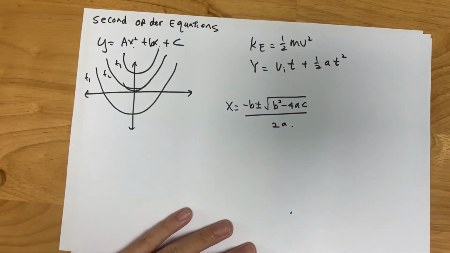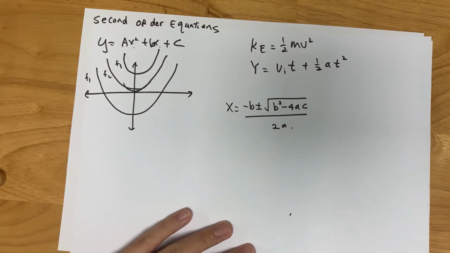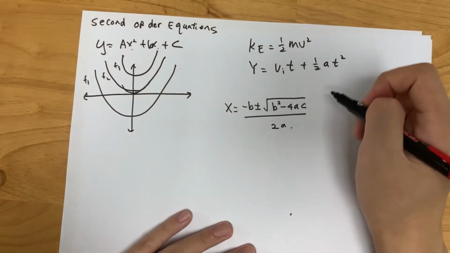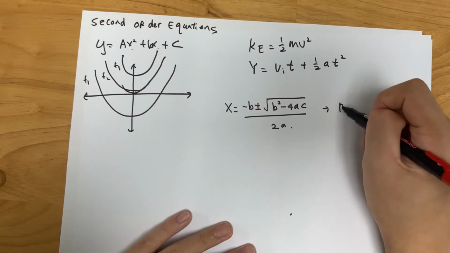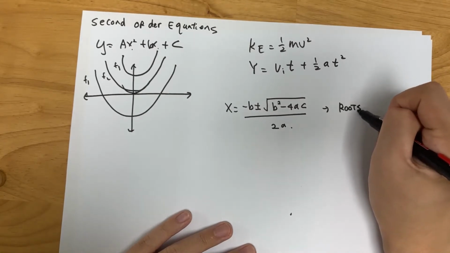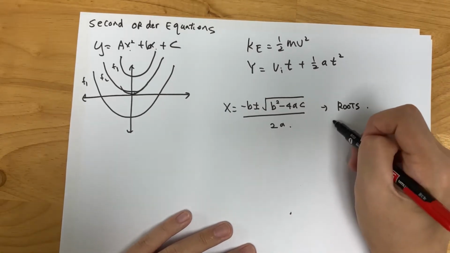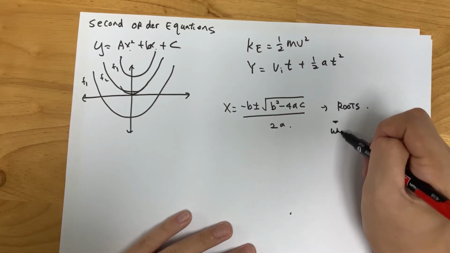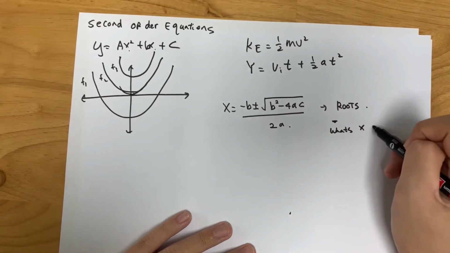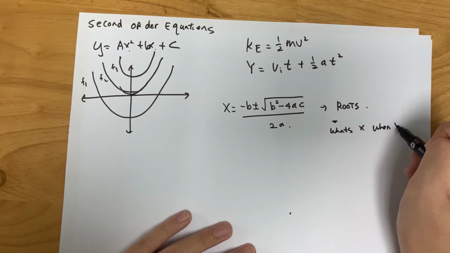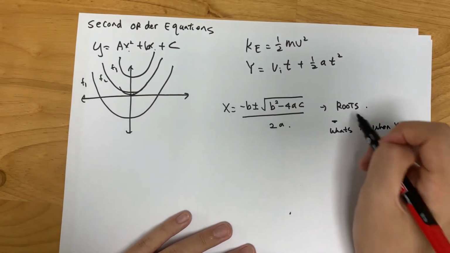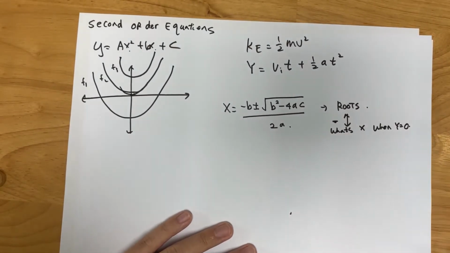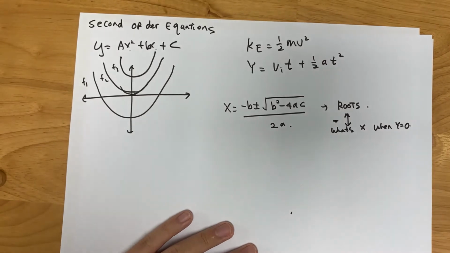It's very important. This is also called roots. This is finding what x is when y is equal to 0. And you just call it roots.